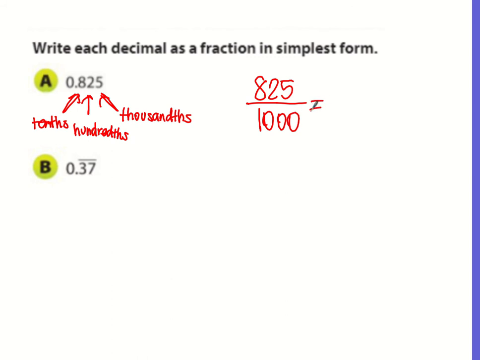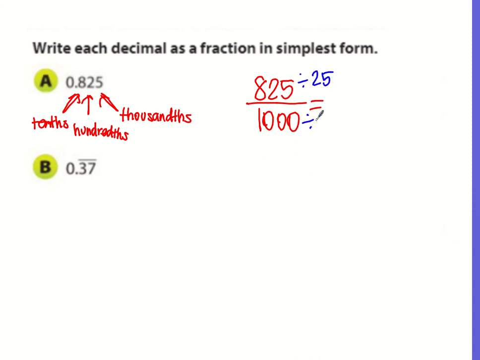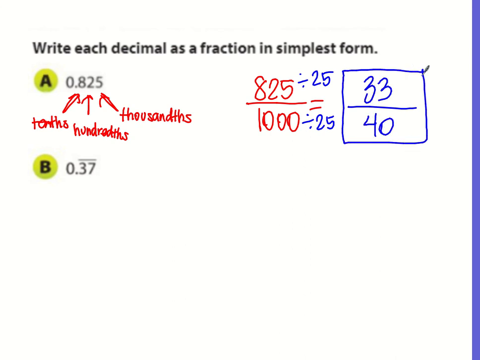And then you can look at that and say, okay, what's my common factor that I can reduce by? So I would say 25 here. If I divide both of those by 25, if you choose a different one you might have to reduce a couple times, that might happen. So if we divide that by 25, we're going to get 33/40ths. And then 33/40ths does not have a common factor, so then you're done with that one.